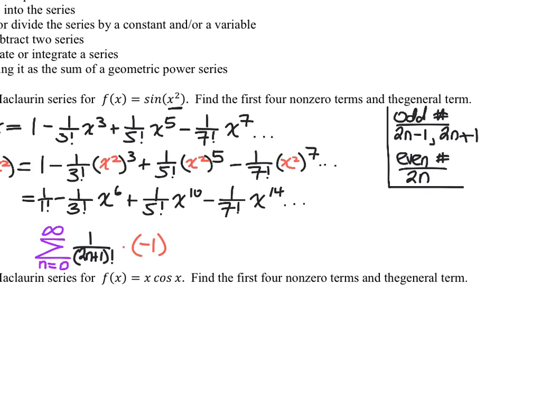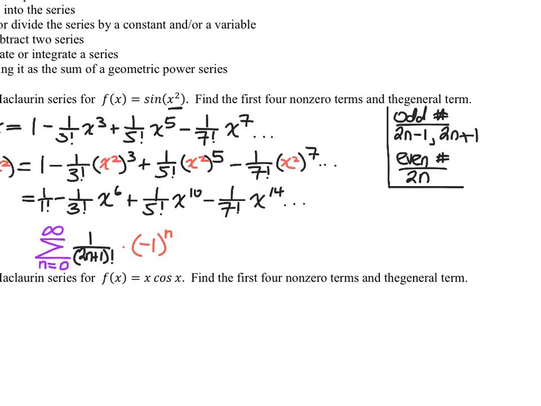Well, n plus 1 would make it raised to an odd number because I'm starting off with 0. N? Just n, yeah. Right? Because if I plug in a 0 to start, -1 to the 0th is 1. We're good. Plug in a 1, -1 to the first is a -1. Then a 2, -1 to the second is a +1. Now we have the alternation that we want. All right, so that's the second part of it.